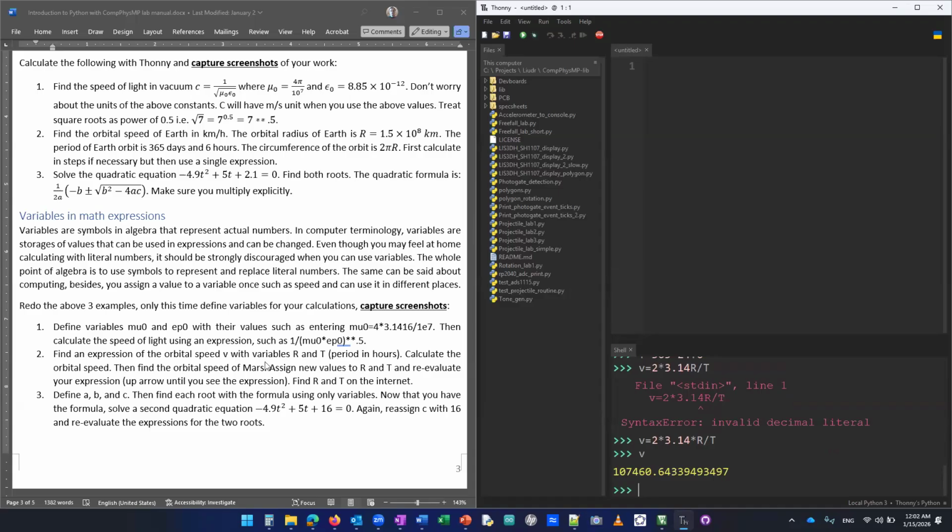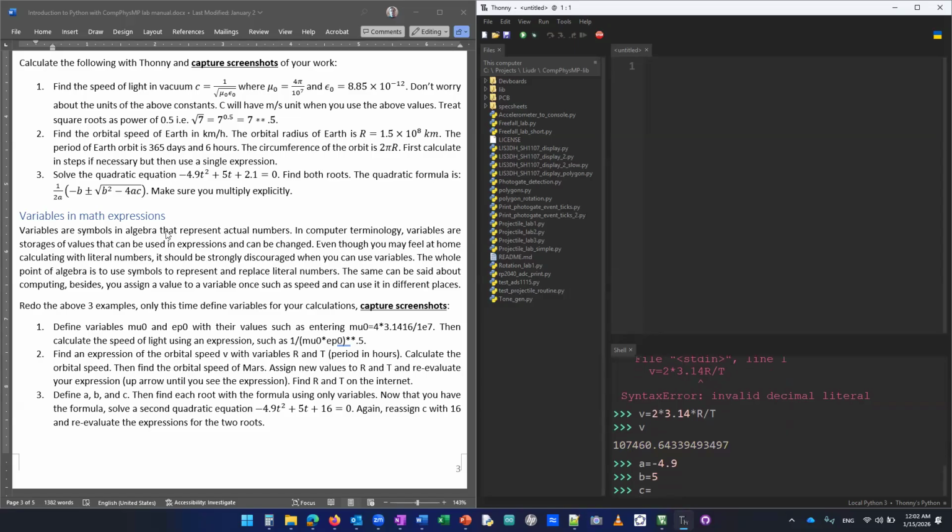And then solving a quadratic equation will also be easier if you define a equals minus 4.9, b equals 5, and c equals 2.1. Okay, so now with this, you can say root, these are actually times that we're solving, is 1 over 2a, but remember explicit multiplication, minus b plus root, right?